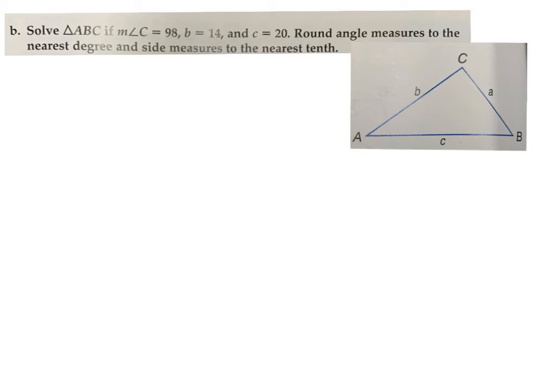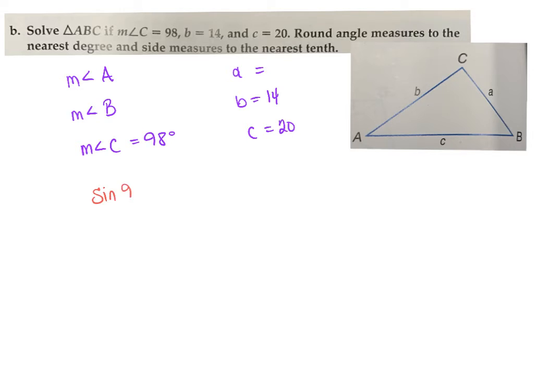All right, solve the triangle ABC, and they give us the measurement of C and two sides. So once again, I need the measure of A, I need the measure of B, they gave me the measure of C. I need the length of A, they gave me the length of B, and they gave me the length of C, okay? And so I'm going to use the same concept.